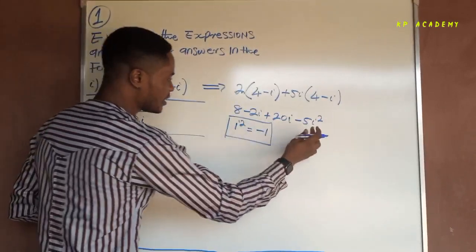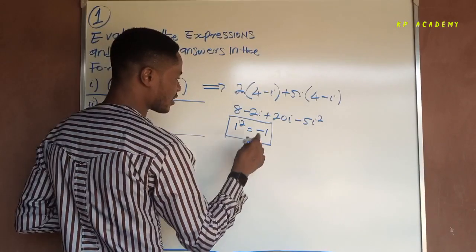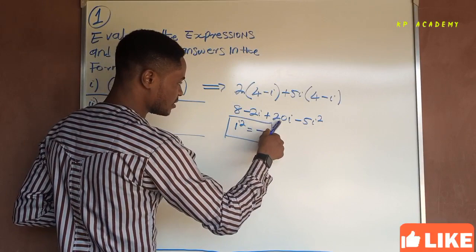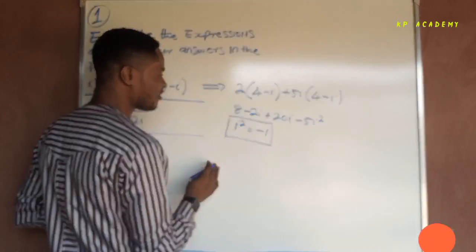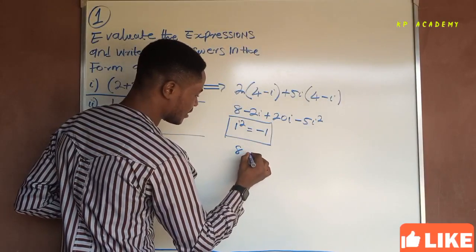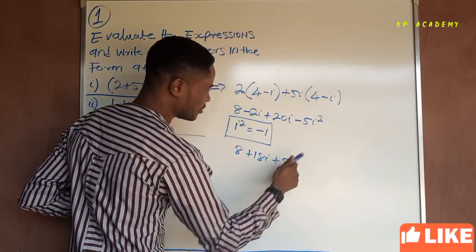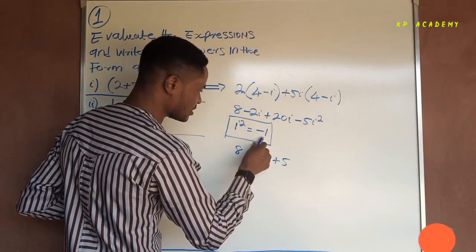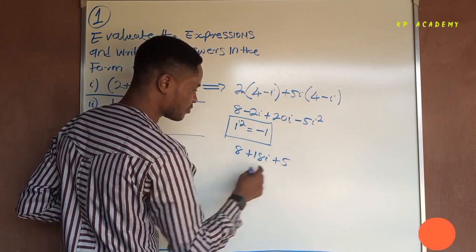Therefore, replacing i squared here with minus 1, and of course adding these two things, this is minus 2i, this is 20i. So this is more like saying 20i minus 2i. I'm going to have plus 18i. Therefore, I'm going to have 8 plus 18i plus 5, because this is minus 5i squared. If this i squared is replaced with minus 1, that minus 1 will multiply this minus 5 to give me plus 5.